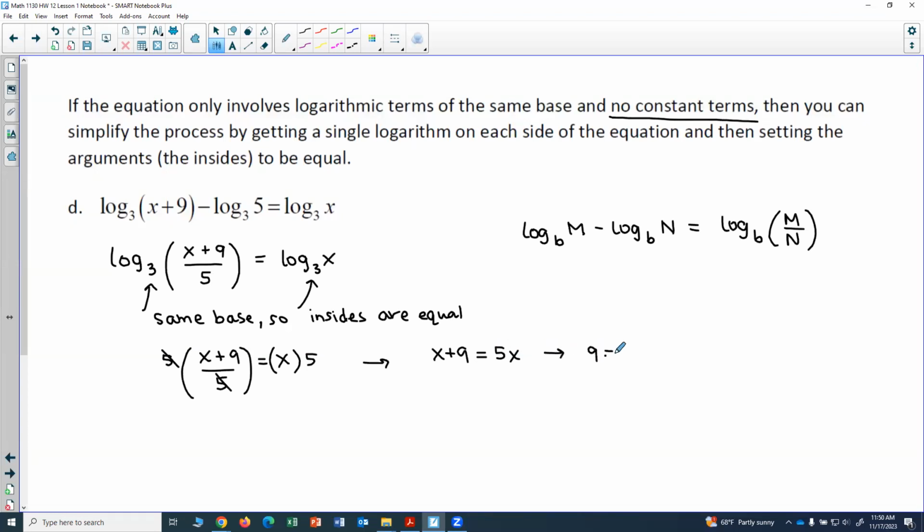So 9 equals 4x. That's from subtracting an x from both sides. And so 9/4 is my x value. So it simplifies it a lot if you don't have any constants, because then you can just combine the logarithms, set the arguments equal to one another, and solve.